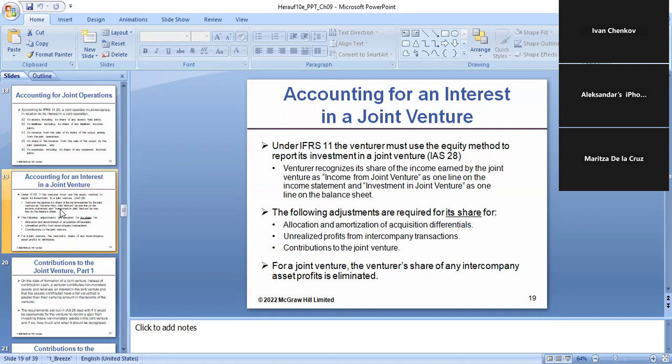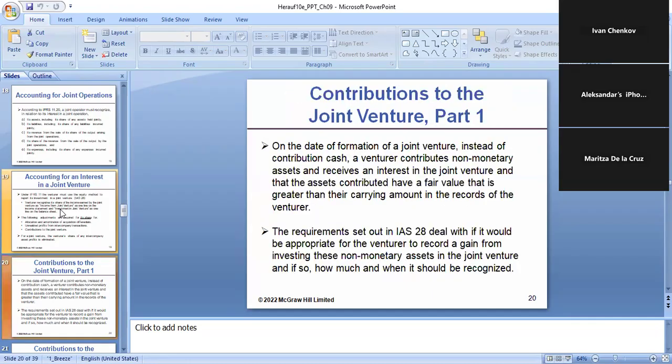Now, the following adjustments are required for the share: the amortization of acquisition differentials, unrealized profit from intercompany transactions. We're still going to have intercompany transactions in the joint venture. And contribution to the joint venture. Now, for the joint venture, the venturer's share of the intercompany asset profit has to be eliminated, having in mind that the joint venture is a separate legal entity.